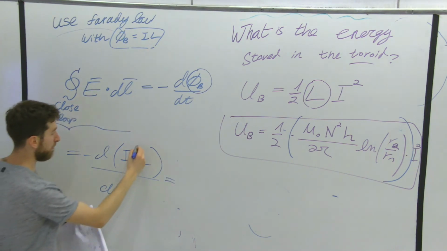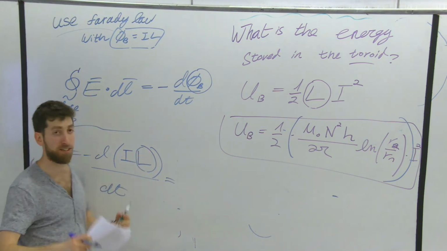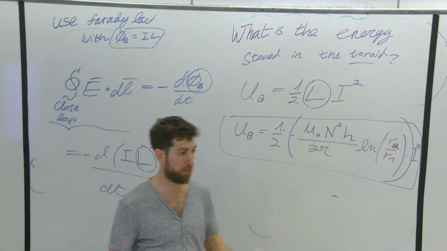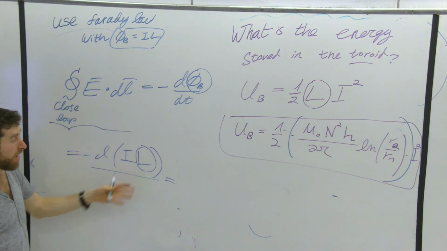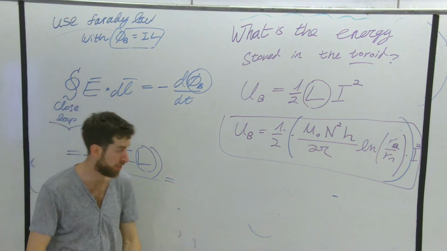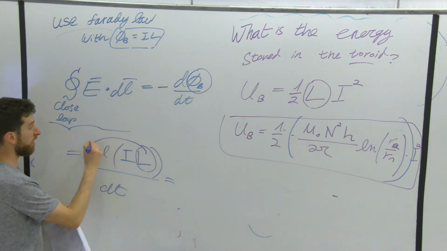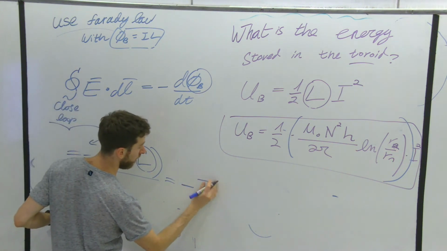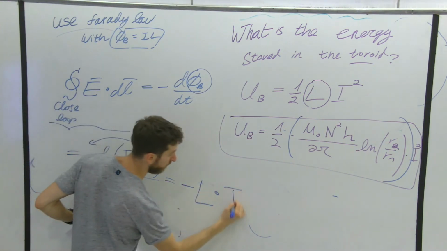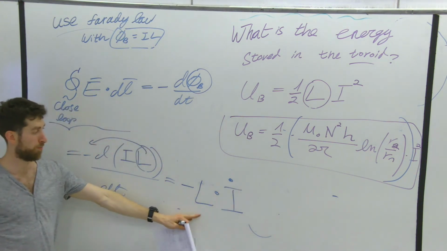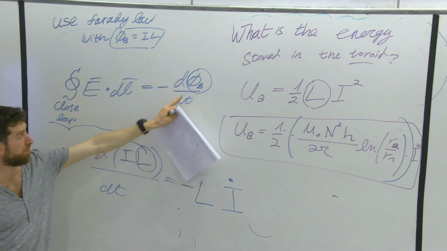And if the geometry and the material property do not change, like usually happens in an electrical circuit, if I choose this to be my electrical circuit loop, L does not change. The resistor stays in place, and the material does not change. Everything is okay. So L can actually jump out. So you have a minus L multiplied by the derivative of the current.